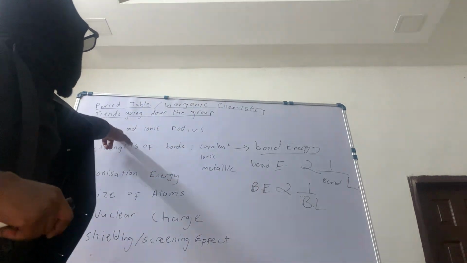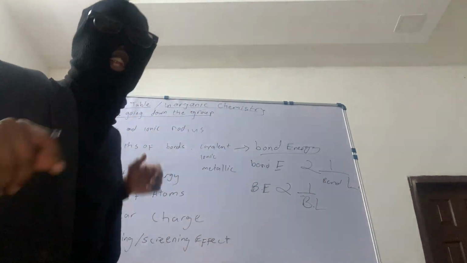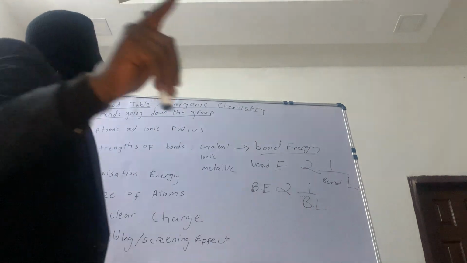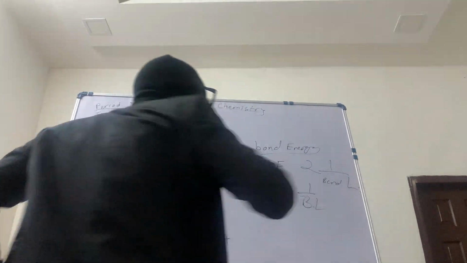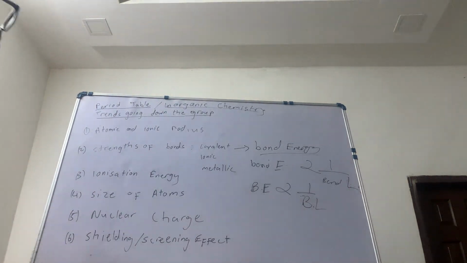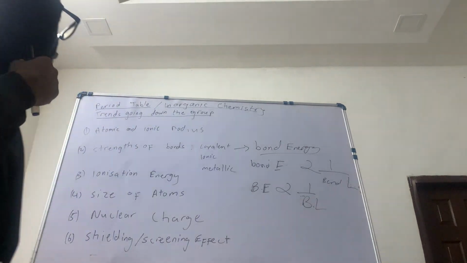From here, you can see that as we go down the group, the atomic or the ionic radius is going to increase. When the radius increases, the bond length is also going to increase. And when the bond length increases, the bond energy is going to decrease.